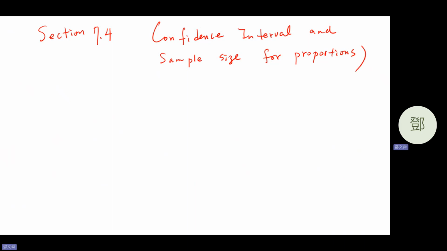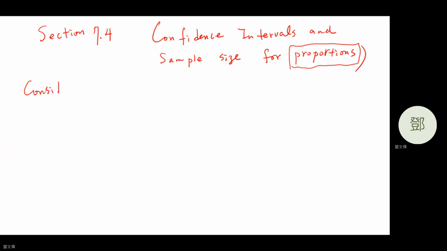Here we have a new parameter, proportion. Let us look at the title of section 7.4. Proportion.